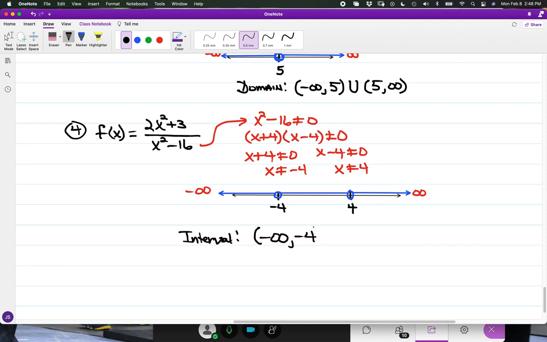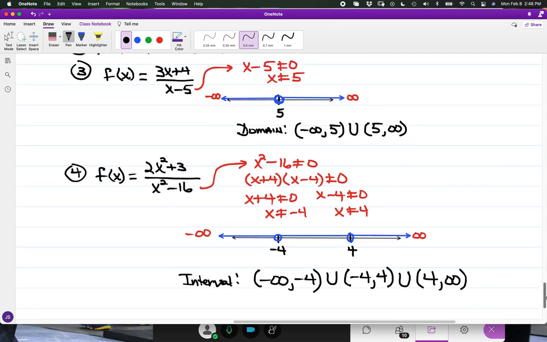So you have parentheses. And then for the section in between, you have those values of x such that negative 4 is less than x, which in turn is less than 4. So I still have parentheses indicating the exclusions of negative and positive 4. Then for the last section, you'll have those values greater than 4. And so again we have parentheses around 4 and infinity.